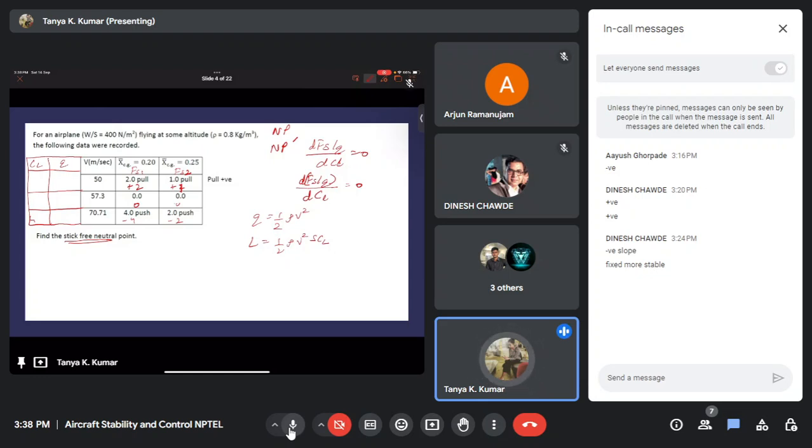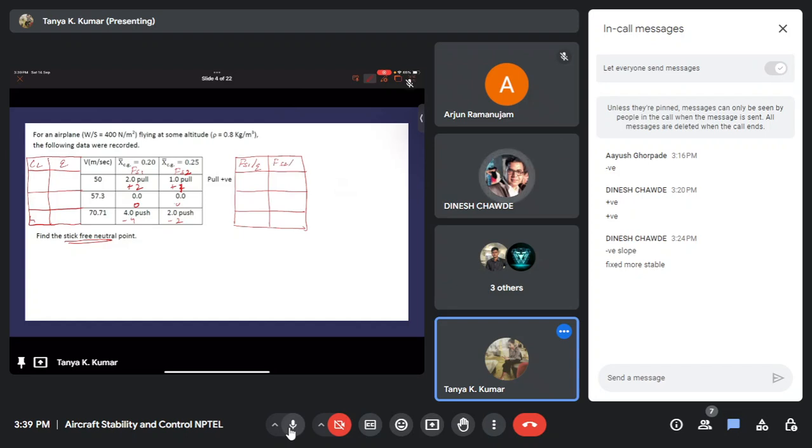Then we'll do Fs1 by q, Fs2 by q. So I just make two more columns here. So we need to fill up these four columns.